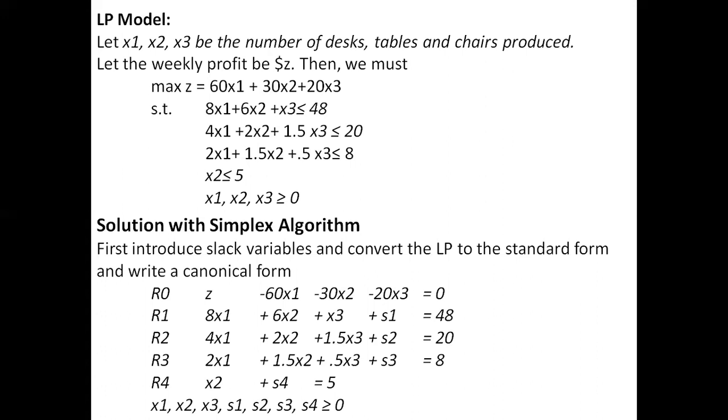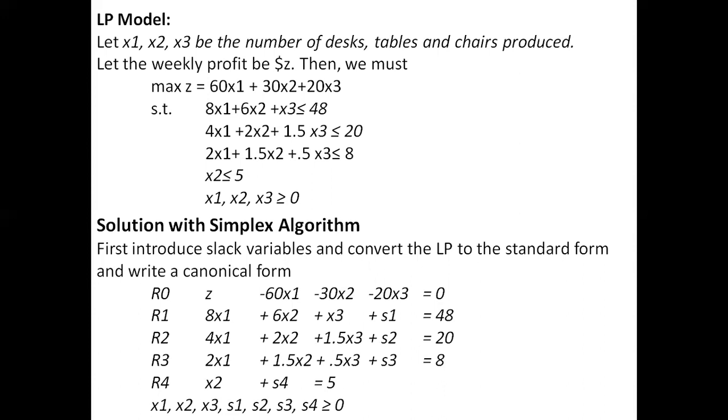Simultaneously row 1: 8x1 plus 6x2 plus x3 plus s1, slack variable 1, is equal to 48. Row 2: 4x1 plus 2x2 plus 1.5x3 plus slack variable s2 is equal to 20.